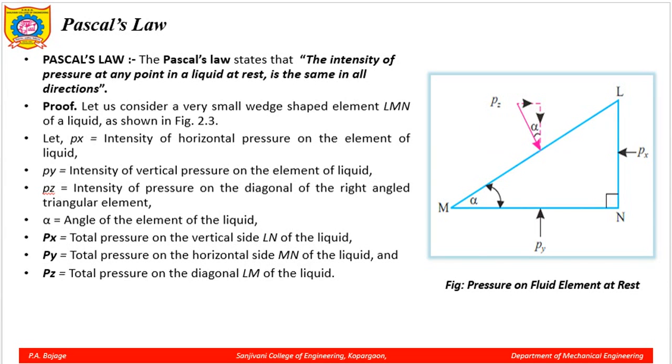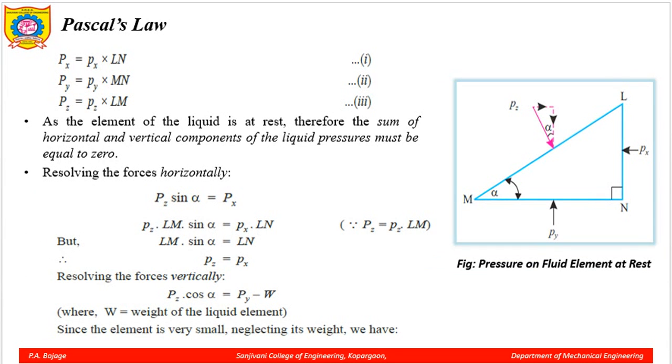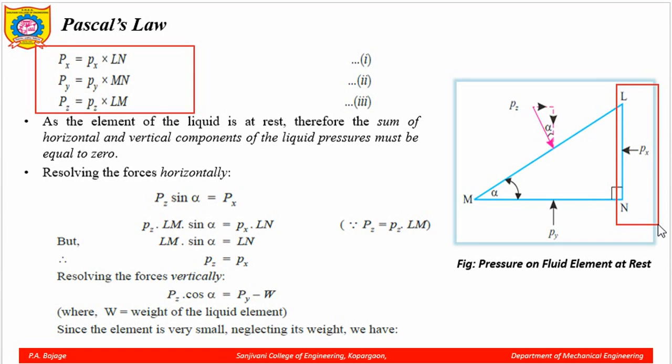So, let us see that in details. So, the pressure Px is equal to small p suffix x into Ln, whereas Py, now what is the Py?